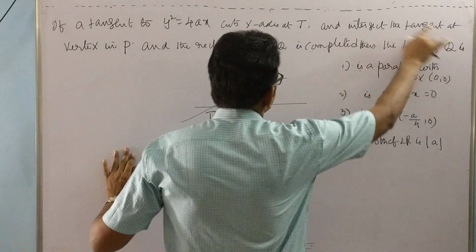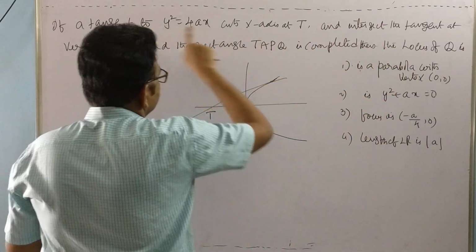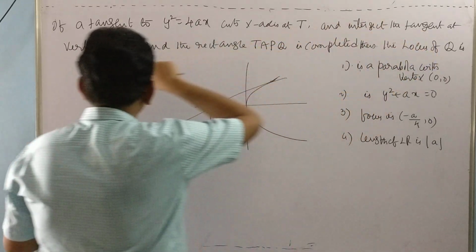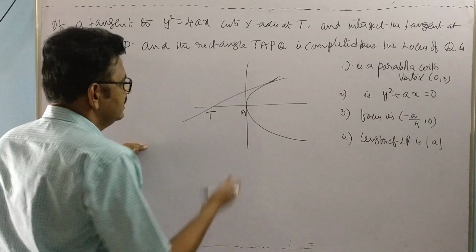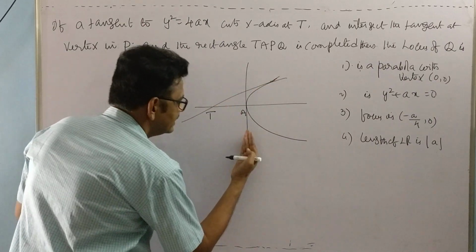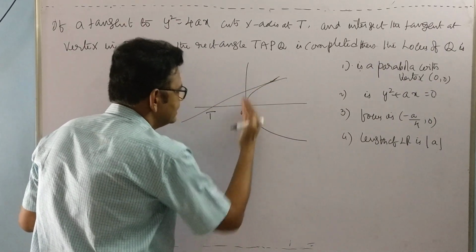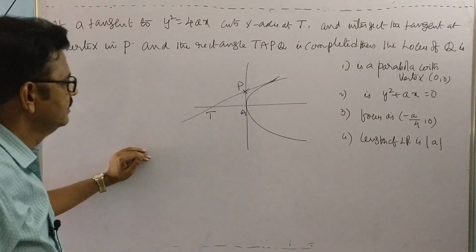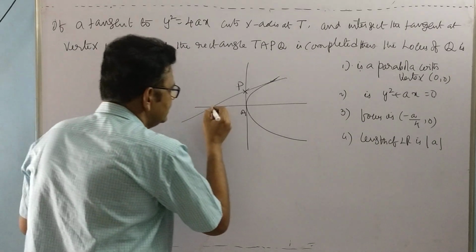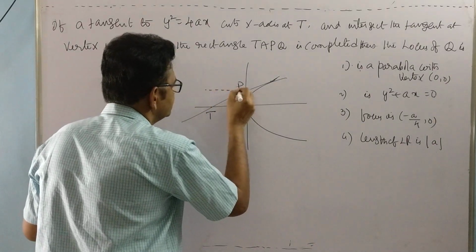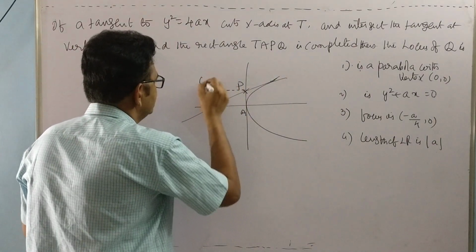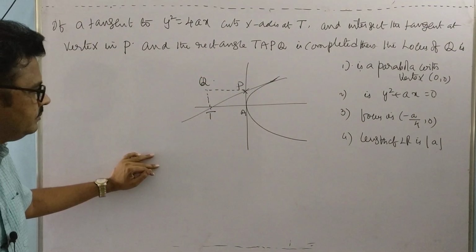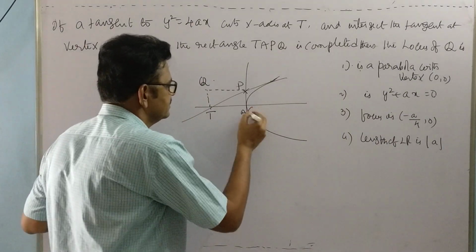The tangent intersects the tangent at vertex A, means y axis at the point P. Complete the rectangle TAPQ. Then we have to find the locus of this point. We know the coordinates 0, 0.